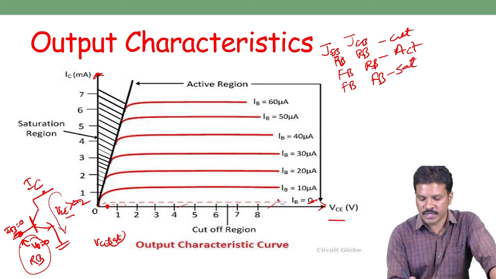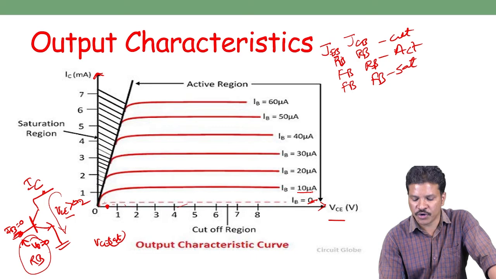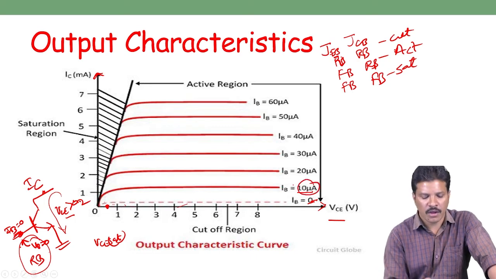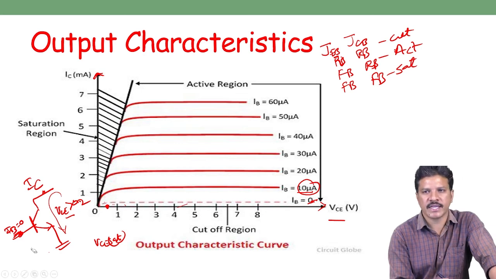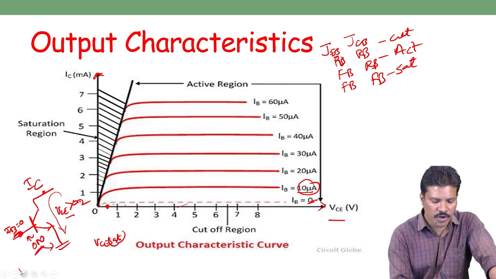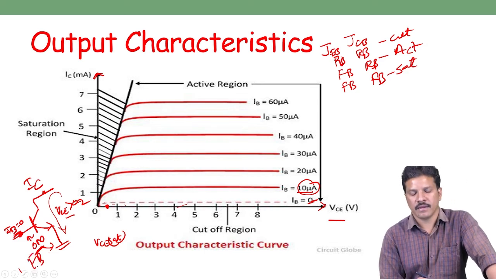Okay. Next is the active region. When IB increases from 0 to 10 microamperes, how is that possible? When the input bias increases, the input voltage rises above the cut-in voltage, so the input junction must be on. Whenever it is forward bias, it must be on.